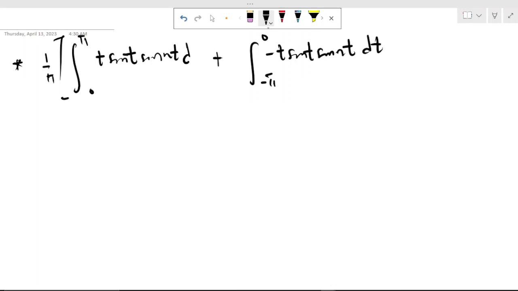So to find our b1 here, let's plug in 1 for our n here. So it means we are looking for the integral of t sine square t. To make our work easier, let's find that one separately.